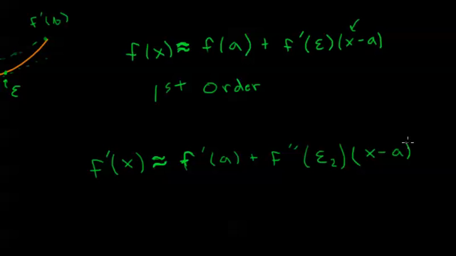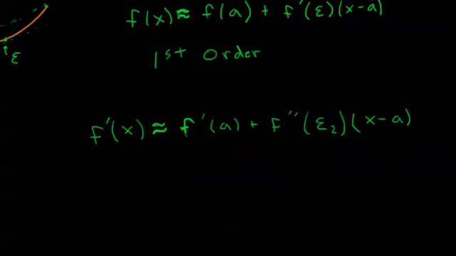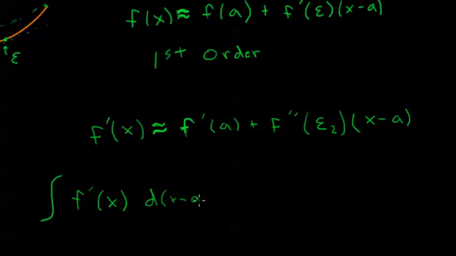But now if I want to get from my approximation for f prime of x, I need to integrate this function. So let's integrate this. So I'll do the indefinite integral, since I'm just trying to get this still as a function. I'm not plugging in values of f prime of x, and my differential is going to be x minus a, just to make it work out pretty.